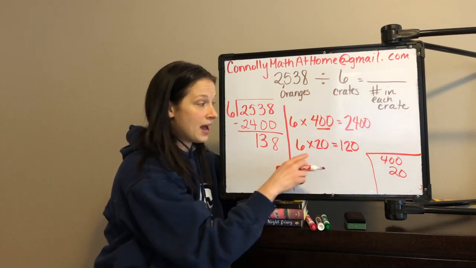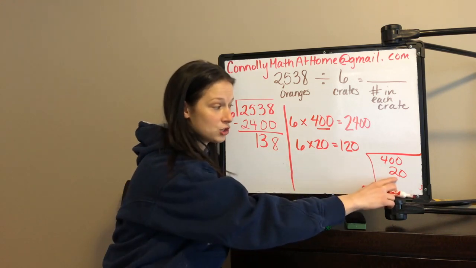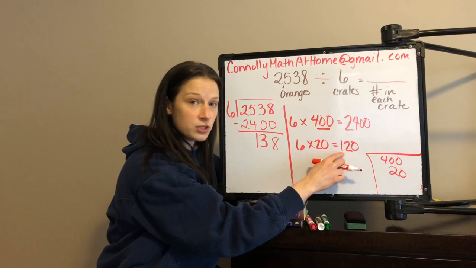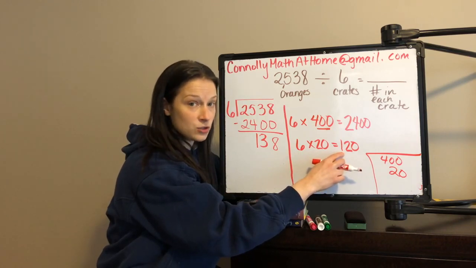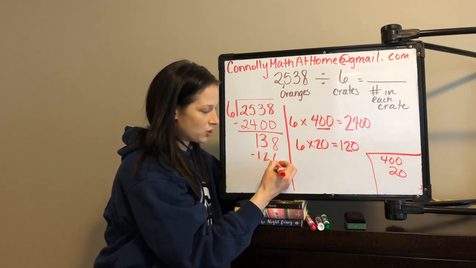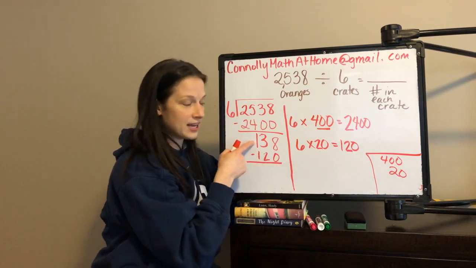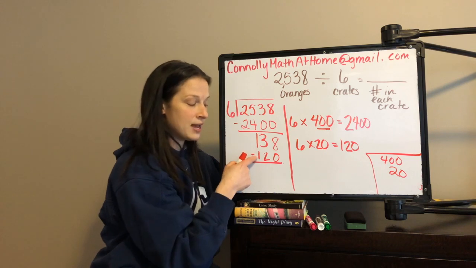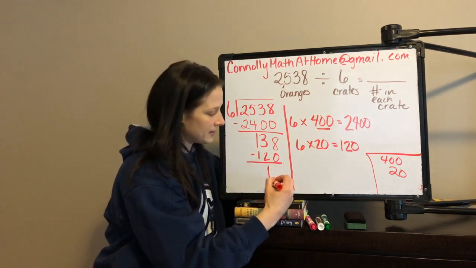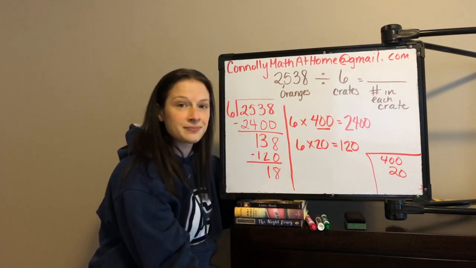So I'm going to put 20 oranges in each crate. If I do that in 6 crates, that means I've used 120 oranges. So I take my 120 and I subtract from the oranges I have left. I had 138 oranges. I'm taking away 120 because they're all in crates now. And I'm left with 18 oranges.